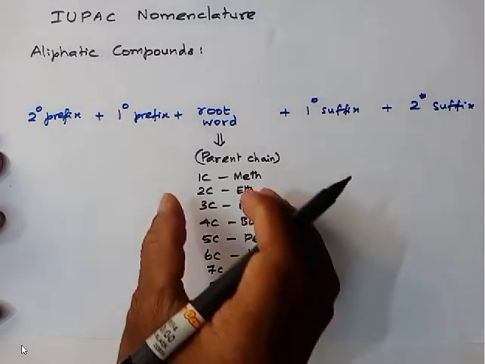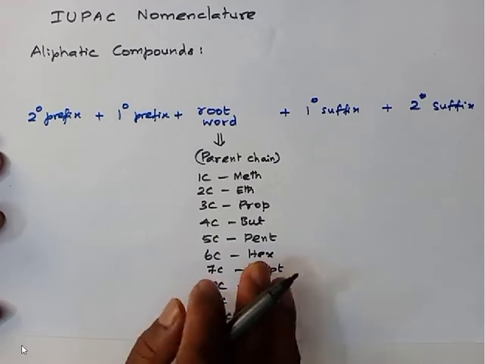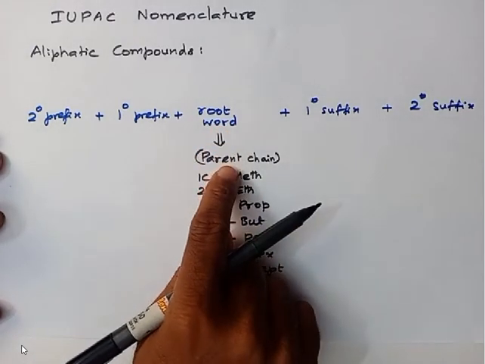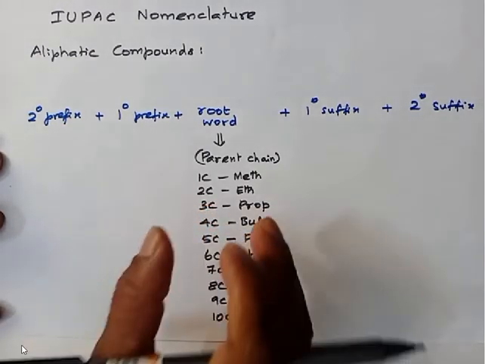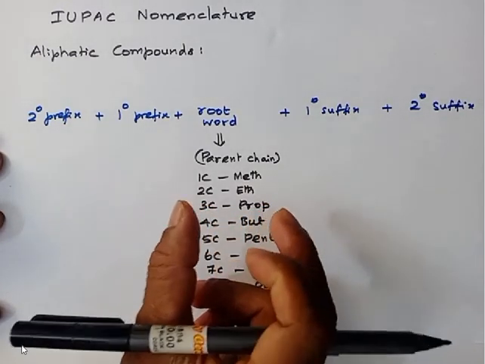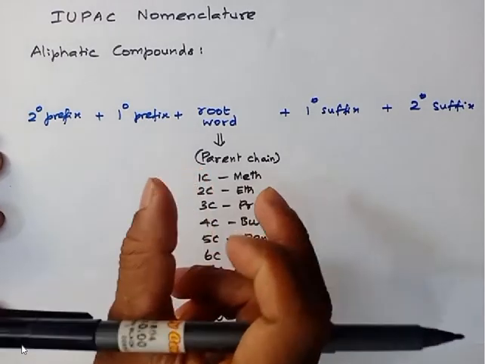These are all the root words that we use. I repeat, the root word gives information about the parent chain, which is the longest carbon chain possible in the given organic compound.